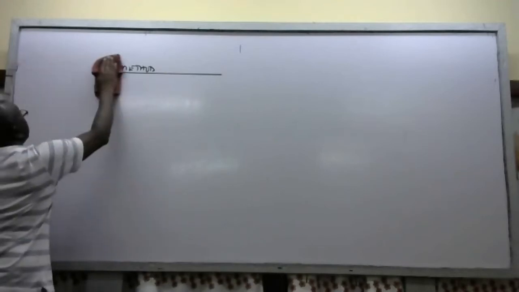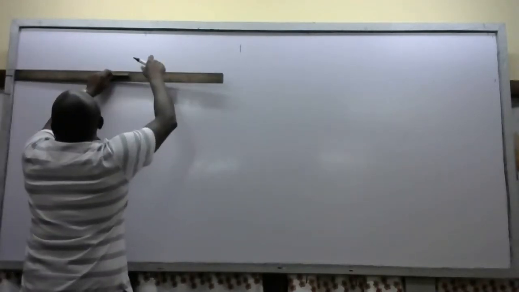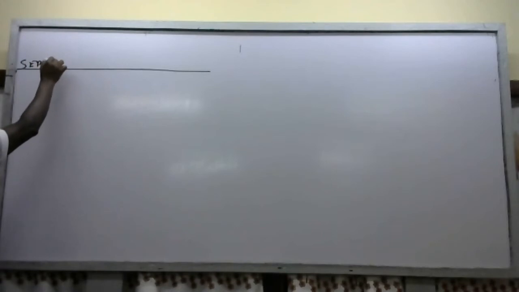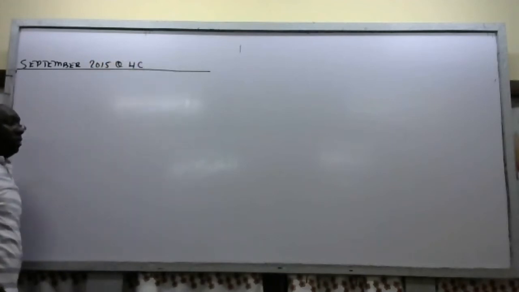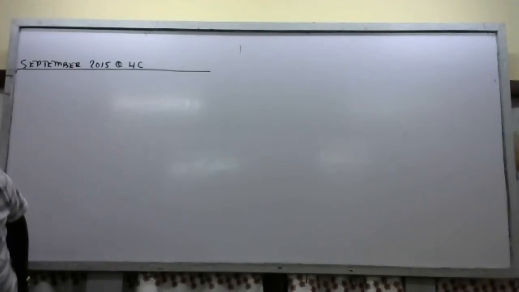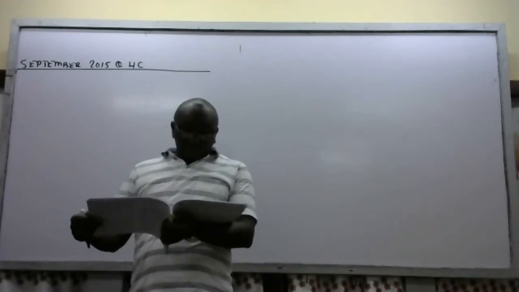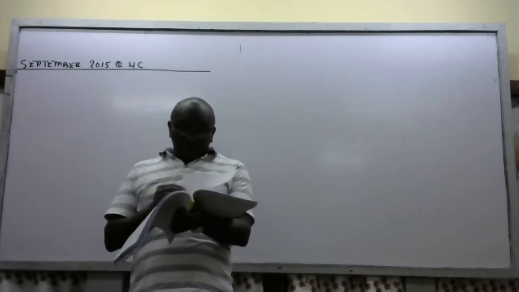So if we are solving a question in the past papers, then that question should be a question of September 2015. Question number 4C.